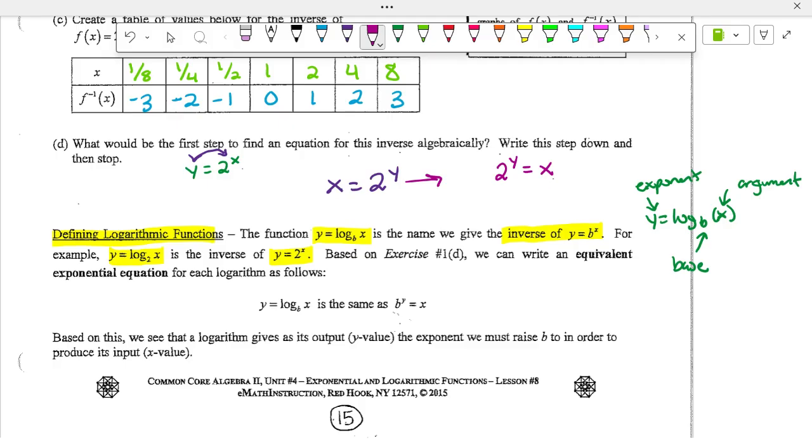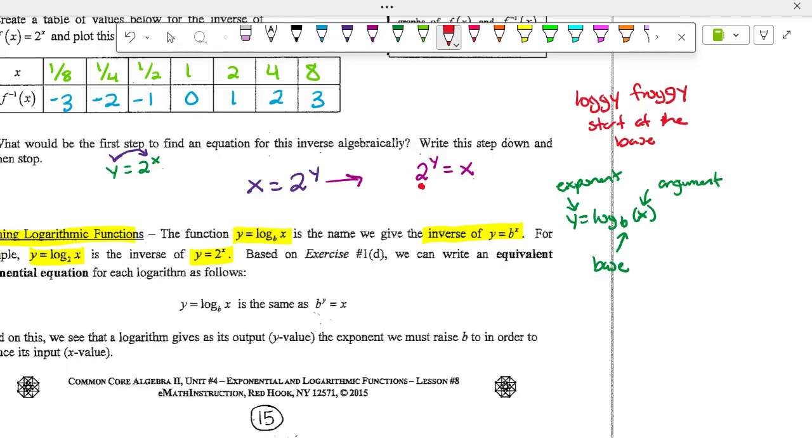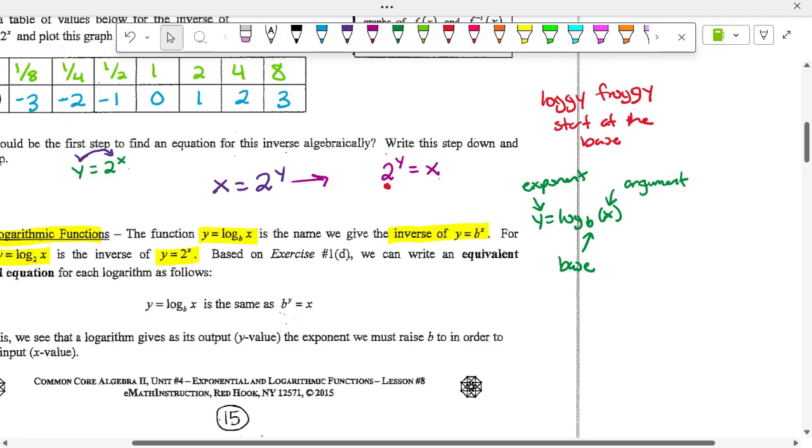Now, whenever you do loggy froggy, you always start at the base. So I'm going to put a little dot right here underneath the base. Now, from the base, I'm going to go to the argument.